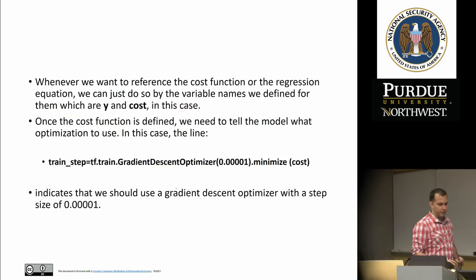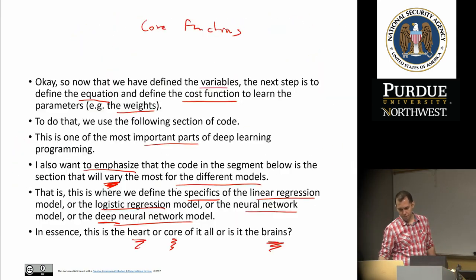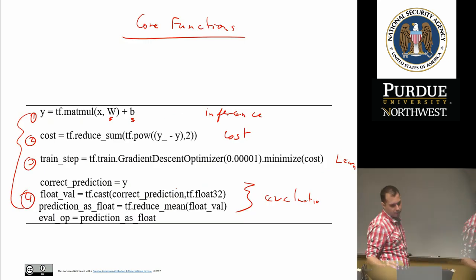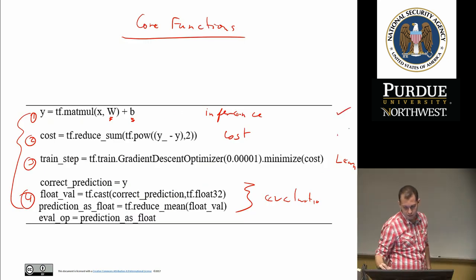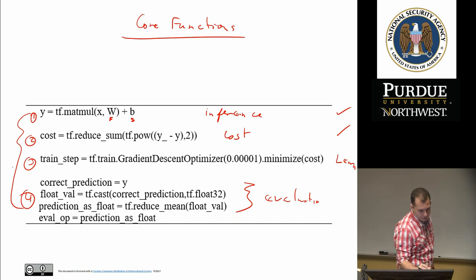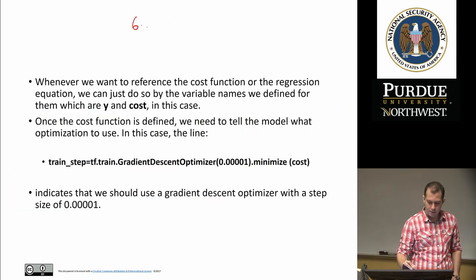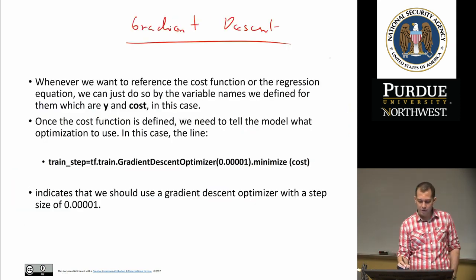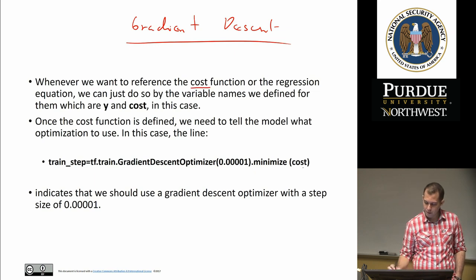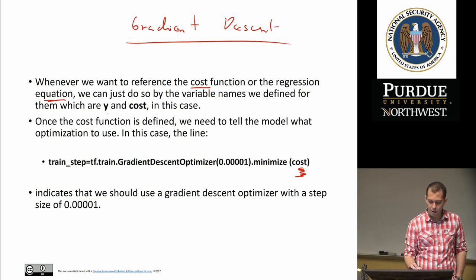Now, if we look back to the code, we've covered these two elements, 1 and 2, and now we're going to focus on number 3, which is the gradient descent optimizer. Whenever we want to reference the cost function, which remember was defined in the graph already, or the regression equation, we can just do so by the variable names we defined for them, which are y and cost.